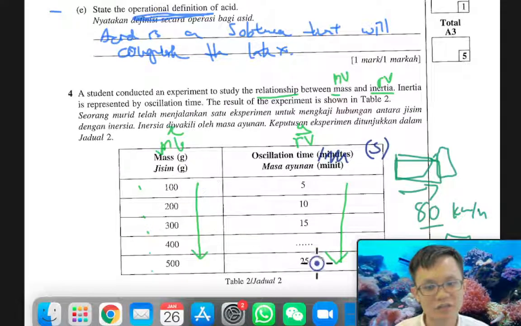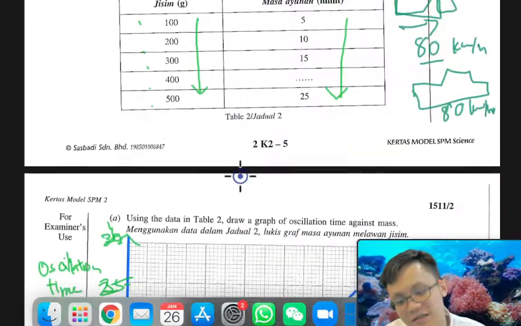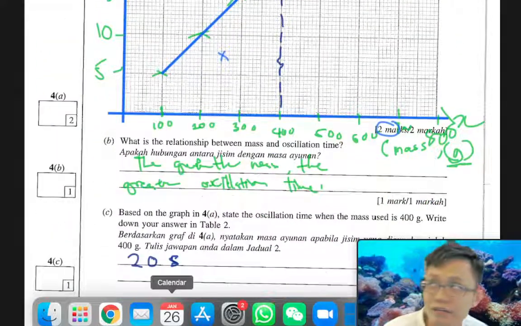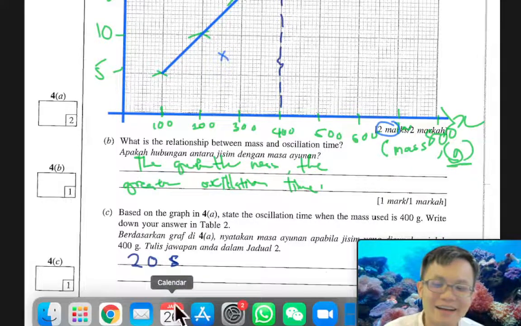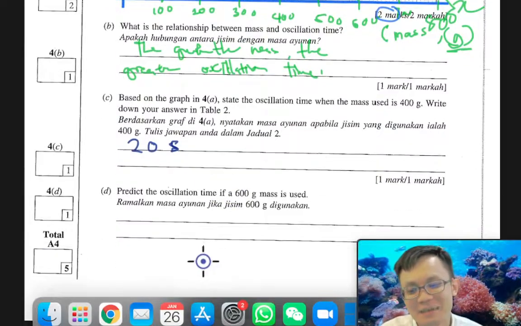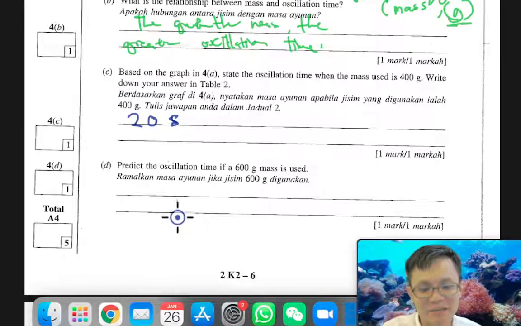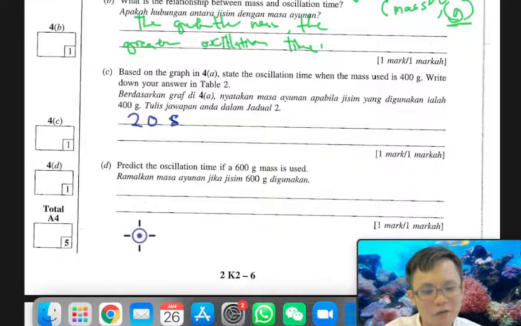Can the pendulum swing for 25 minutes? No, right? So I think this is an error in the question. Two years ago, there was a mistake in the SPM paper, and I don't know how they marked. Hopefully this year it's not, because it came out in the news. I asked my maths friends, they also cannot do it.